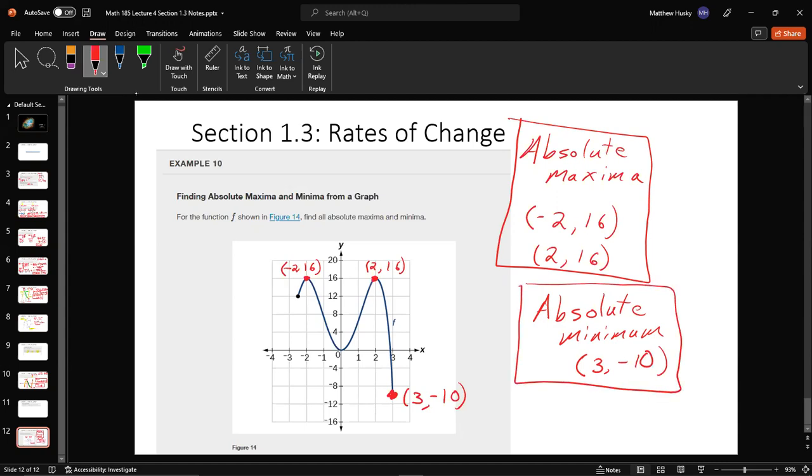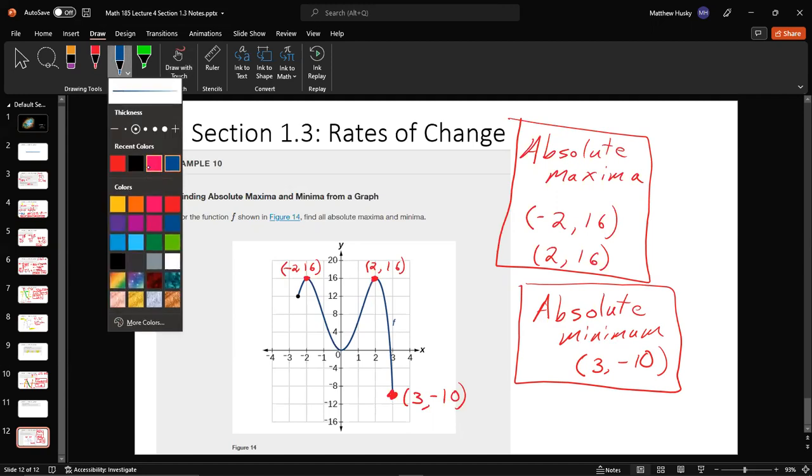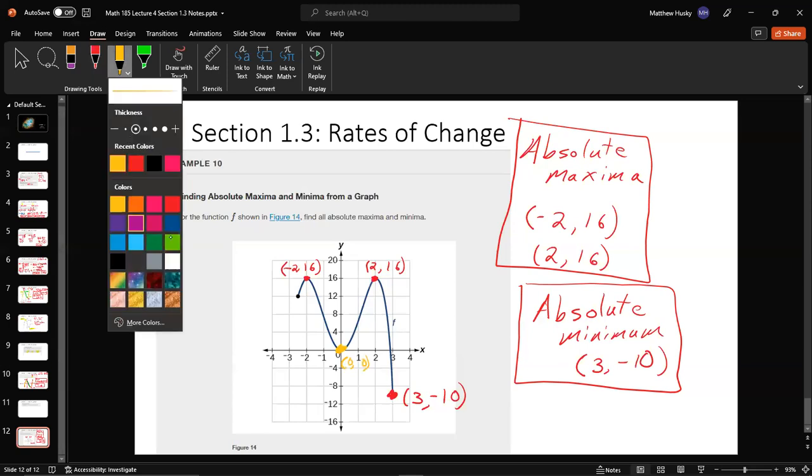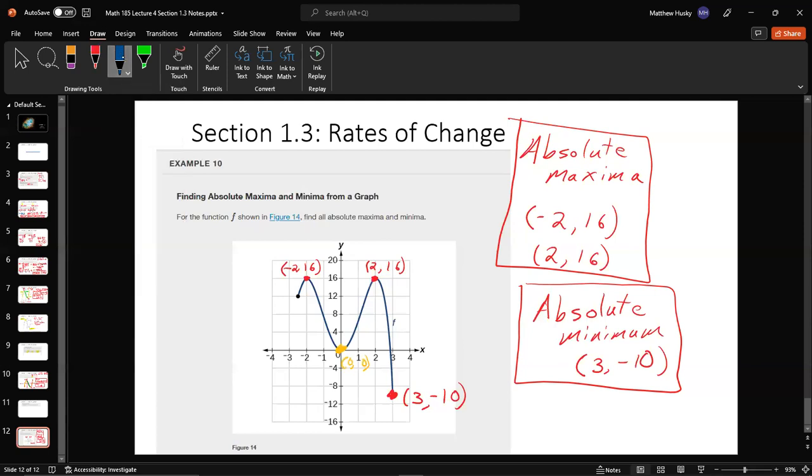I will point out, maybe we'll do this in yellow, there's this point, which is 0, 0. That is a local minimum.